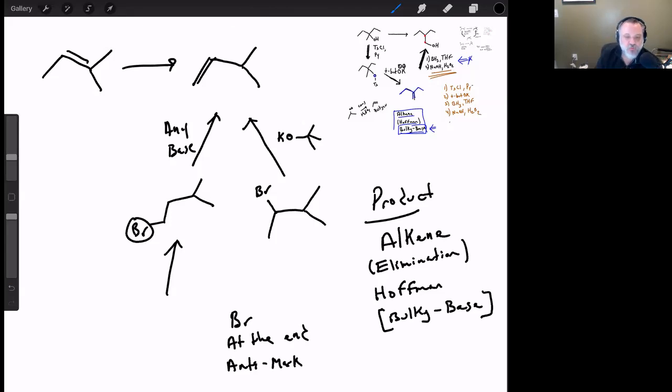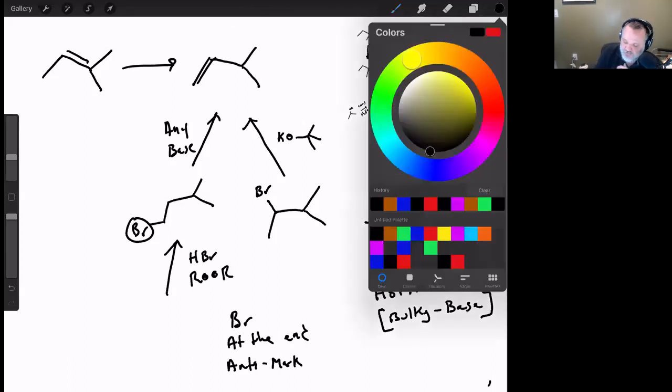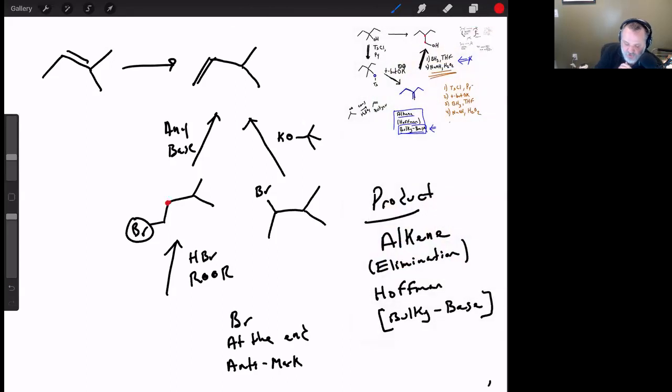You only know one reaction that adds bromine anti-Markovnikov, that's HBr in the presence of peroxide. Now let's think about the starting material. In order to add a bromine anti-Markovnikov in this location, there would have had to be a double bond between those two red dots. So the starting material had to look like this.